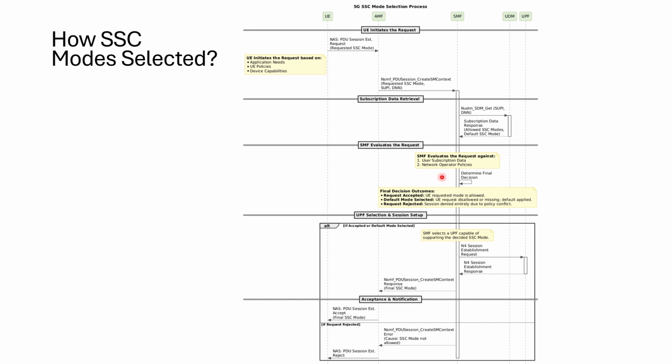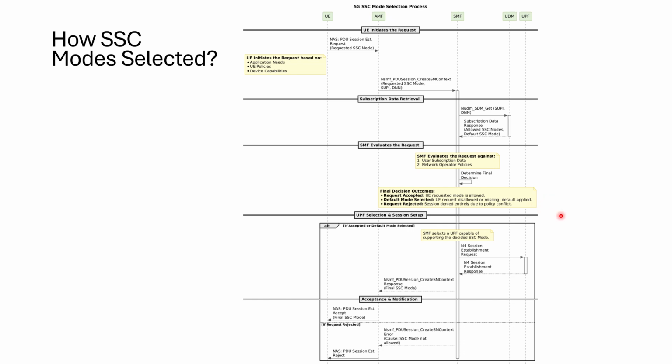Also, we have a local operator policy that can override everything if the network is congested, or the specific DNN requires a specific mode for some technical reason. In that case, the SMF can ignore both the UE and UDM to enforce the operator-defined mode.